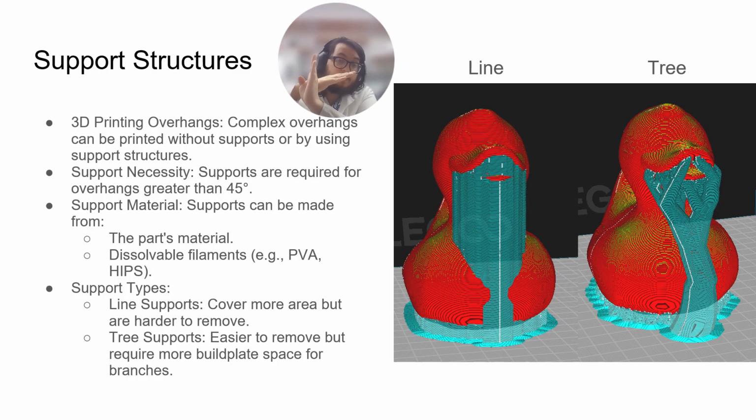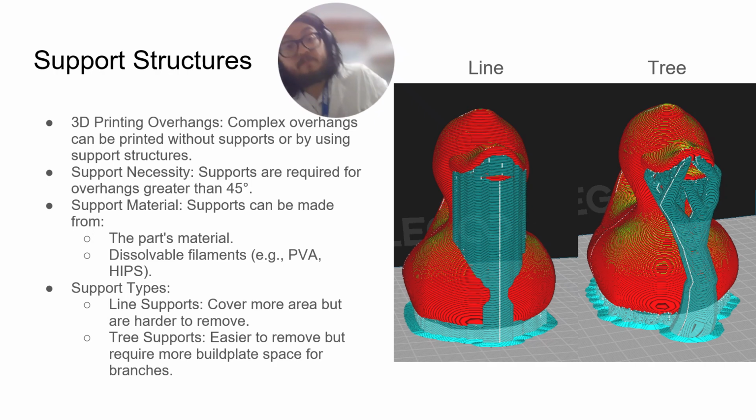If you have an angle greater than that, you have more material and more chance to sag. If it's less than that, you can actually build on top of it, just hanging onto those parts. So lower than 45 degrees is typically okay, but higher than 45 degrees you start having sagging and failure of prints. That's why we introduce supports.